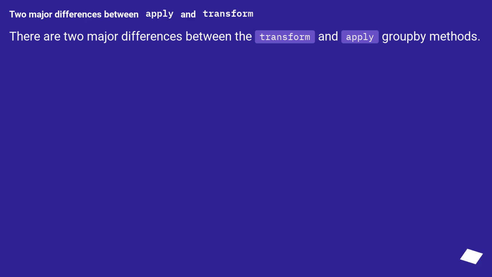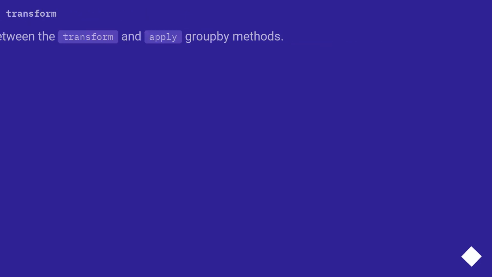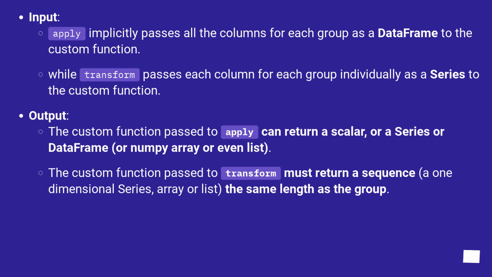Two major differences between apply and transform. There are two major differences between the transform and apply groupby methods. Input: apply implicitly passes all the columns for each group as a data frame to the custom function, while transform passes each column for each group individually as a series to the custom function.